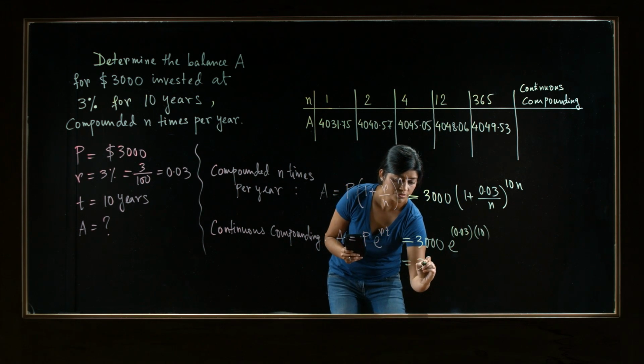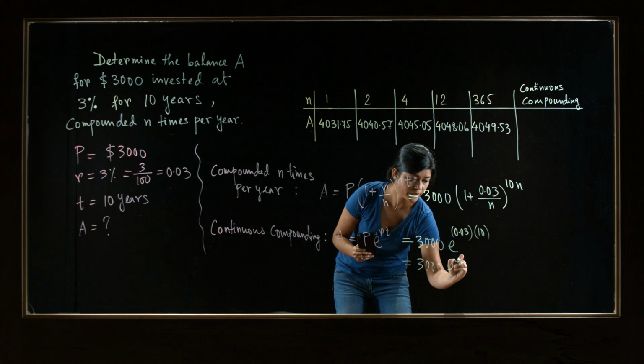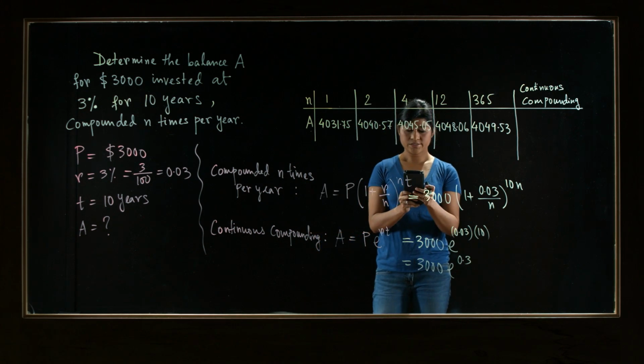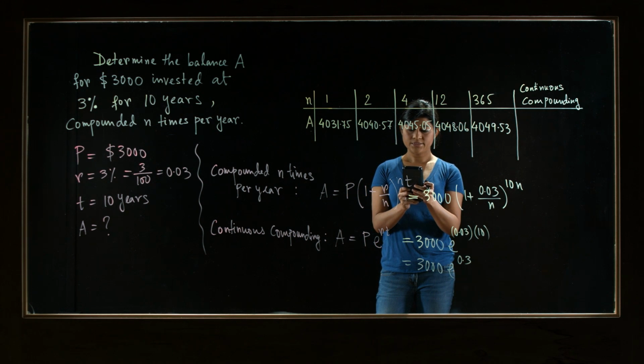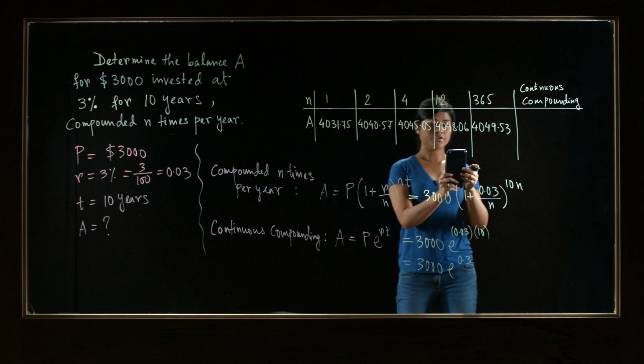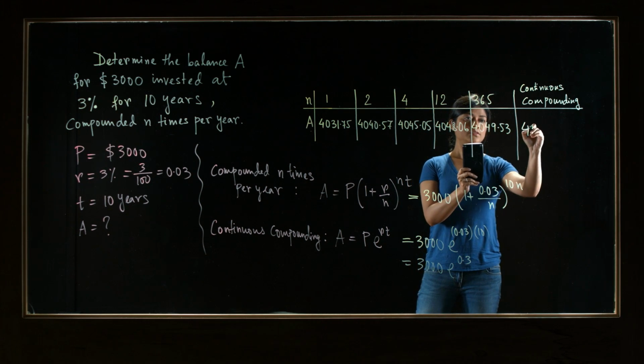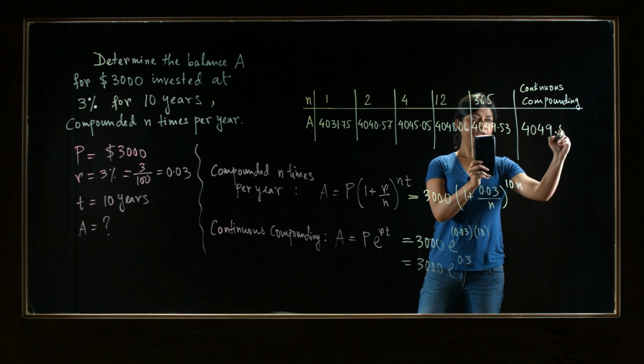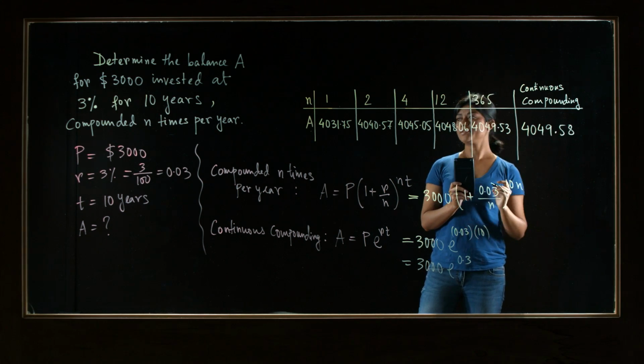So this is 3000 e to the power 0.3. So let's plug that in our calculator, and you get for continuous compounding, the balance will be 4049.58.